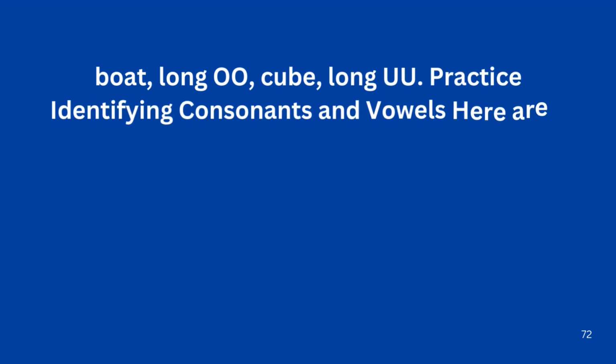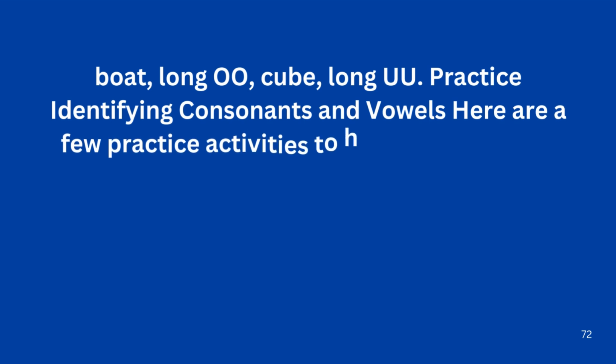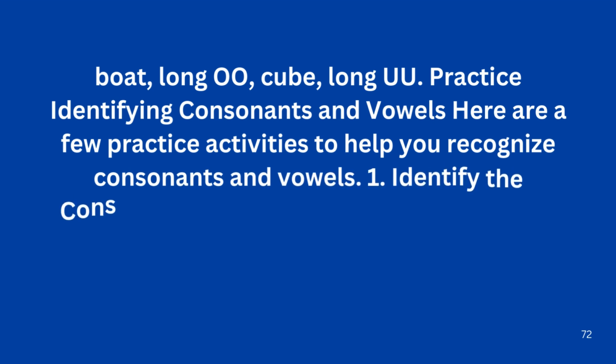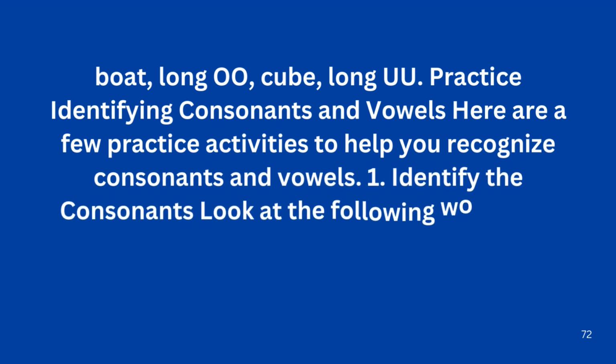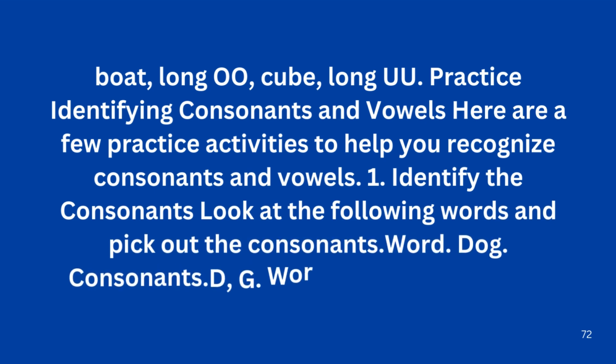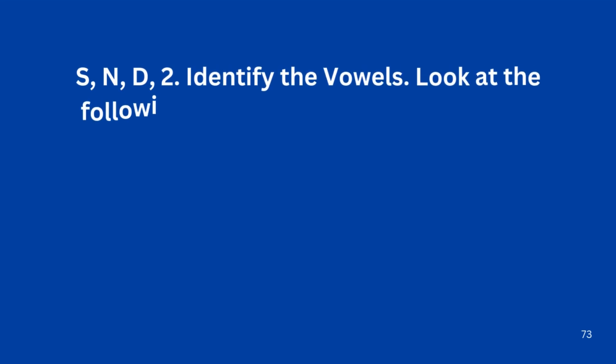Practice identifying consonants and vowels. Here are a few practice activities to help you recognize consonants and vowels. 1. Identify the consonants. Look at the following words and pick out the consonants. Word: dog, consonants: D, G. Word: sand, consonants: S, N, D. 2.